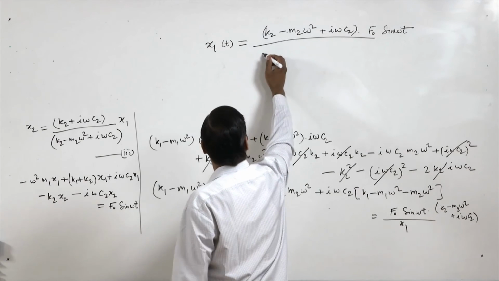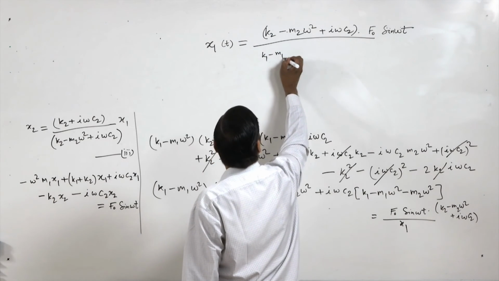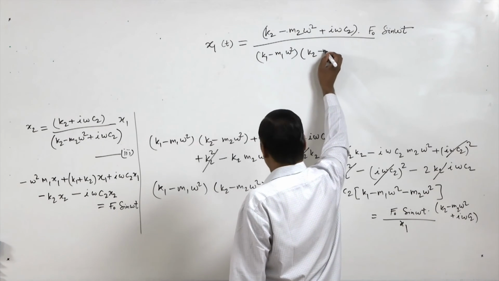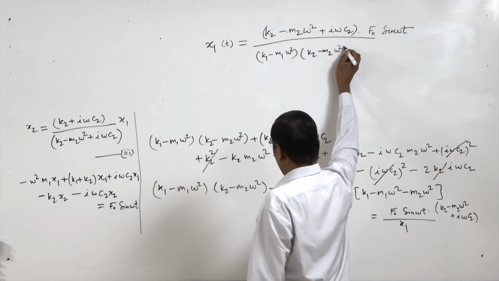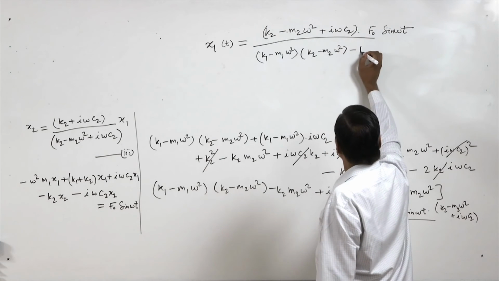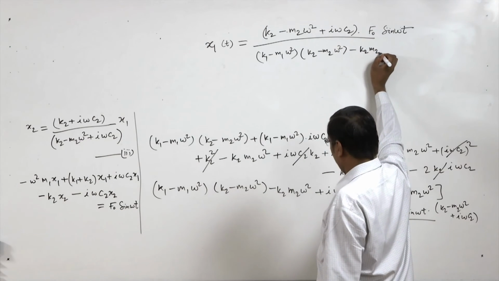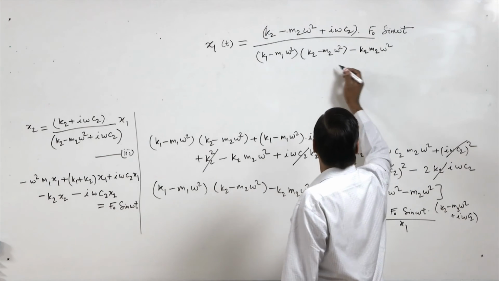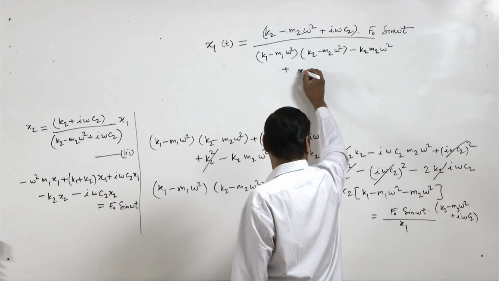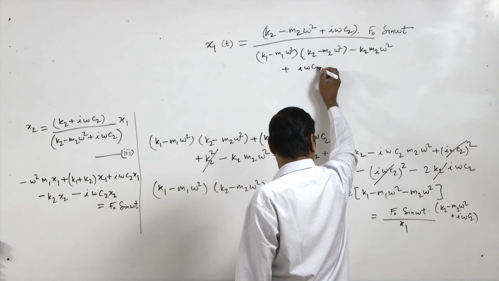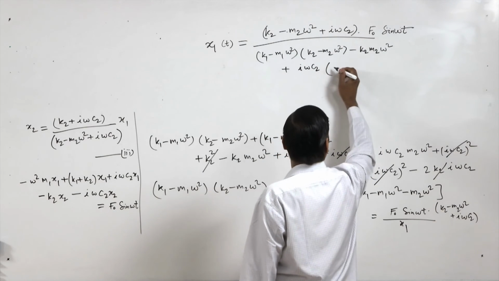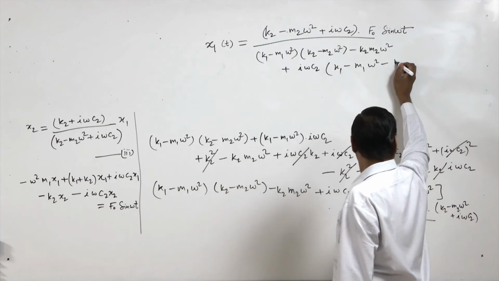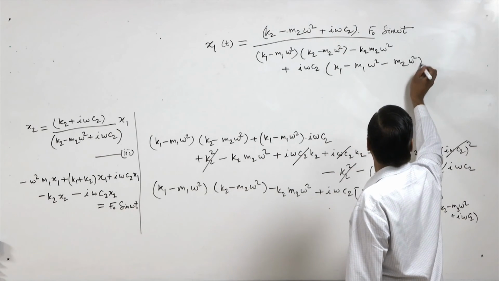So this is k1 minus m1 omega square into k2 minus m2 omega square minus k2 m2 omega square plus i omega c2 into k1 minus m1 omega square minus m2 omega square.